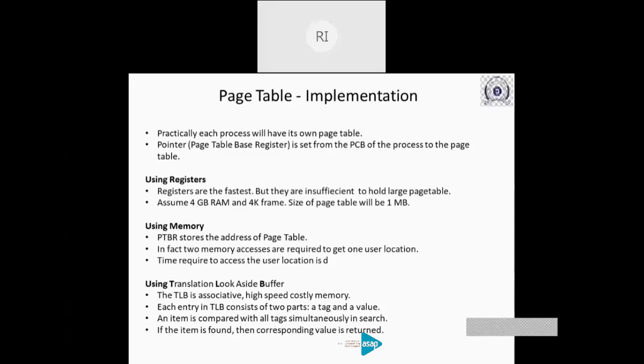To fetch an instruction, the CPU will first generate the logical address of the instruction, and from there we take the page number and access the page table which is in memory, get the frame number, form the physical address, then use that physical address to access the memory once again to get the instruction. So the fetch of an instruction takes two memory accesses, which will reduce the speed of execution by half.